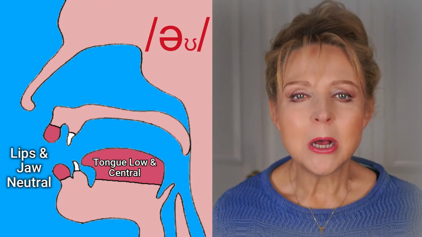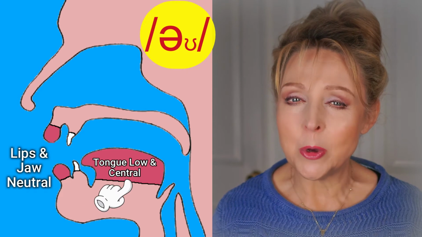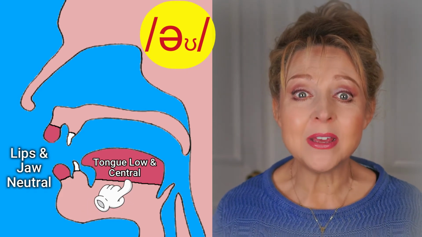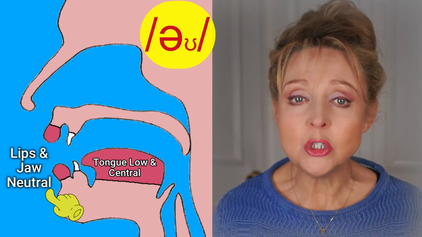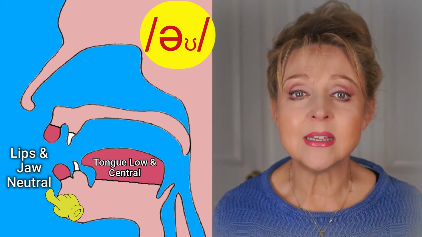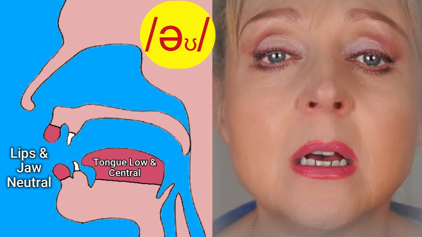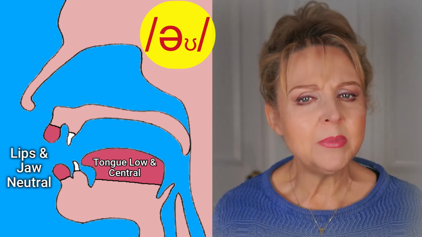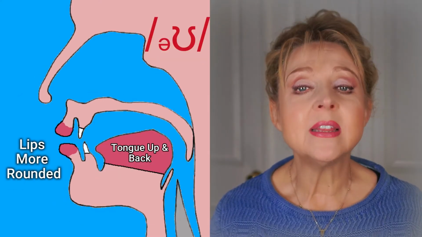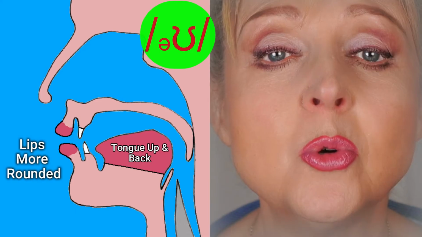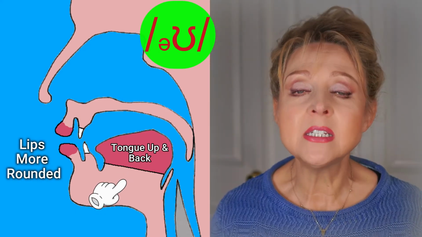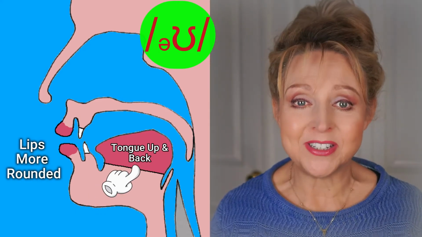So place your tongue low in the center of your mouth, keeping your lips and jaw neutral like this. Keep this sound very short, then make the sound oo by moving the tongue upward and backward.